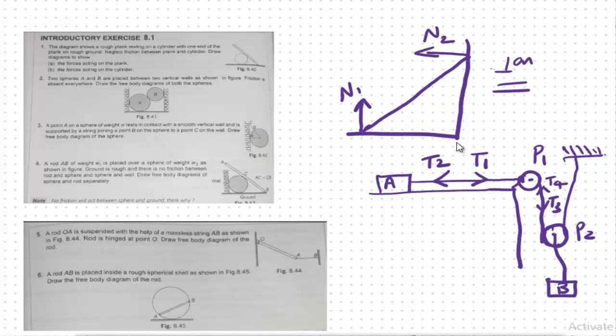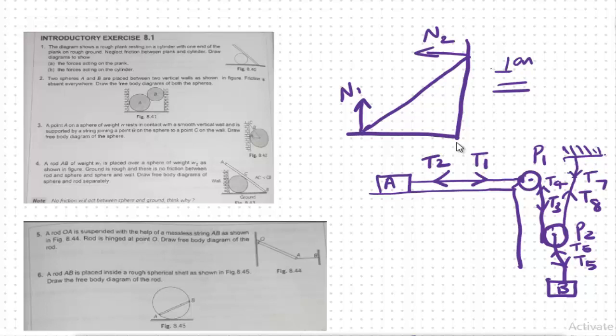Now for B, mg is anyway a force acting in the downward direction, which I am representing as T5, that will be giving an opposite, reactional force, which I am representing as T6. The rigid support will be giving a force T7 in the downward direction and an upward reactional force T8.